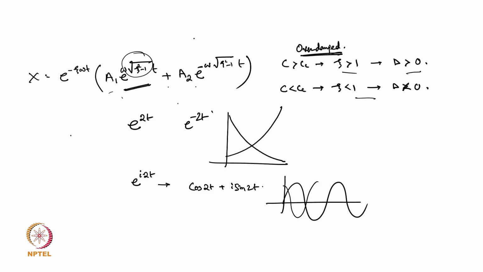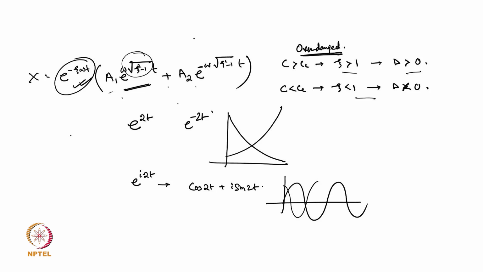Very good. So now tell me, if you have completely real solutions of lambda, for example this case, if xi square minus 1 is greater than 0, let's see the first term, because that term is not going to change whether delta is greater than 0 or less than 0. This term will remain the same: xi into omega t, and we have a minus sign there. Now xi is nothing but c by cc, that's a positive number.